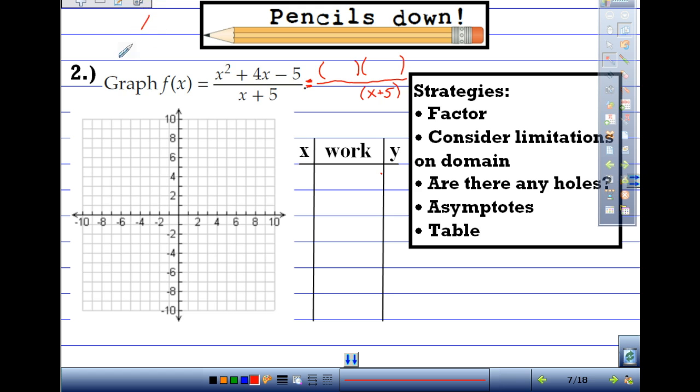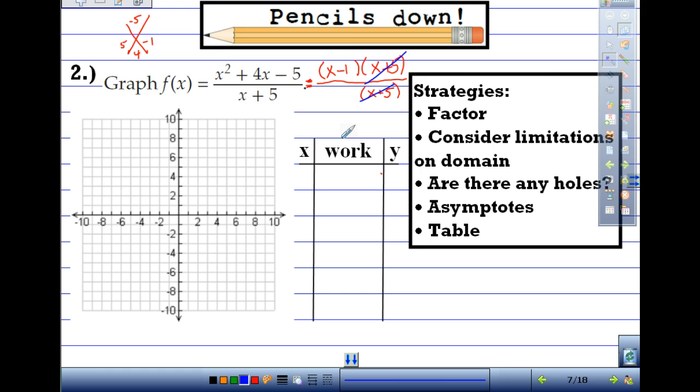You might have to go over here and say what two numbers multiply to -5 and add to 4, and come up with your two numbers, which are 5 and -1. So we get x minus 1 and x plus 5. What do you notice that happens here? The x plus 5's cancel. So here's the second type of problem I'm going to show you.